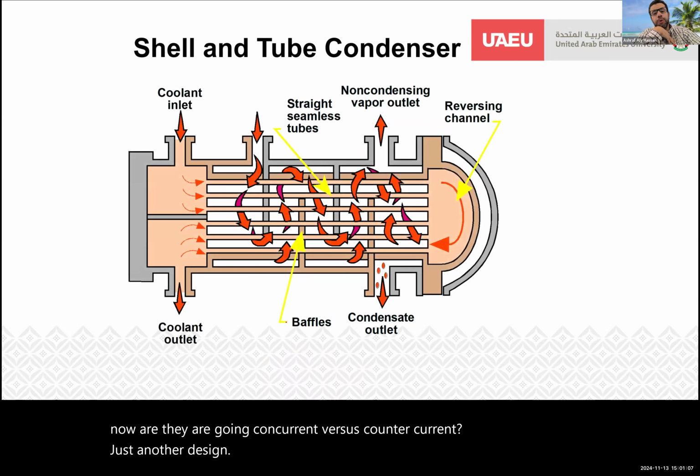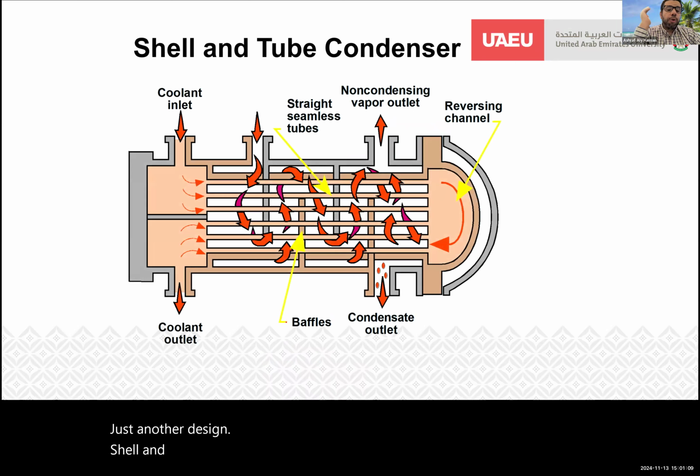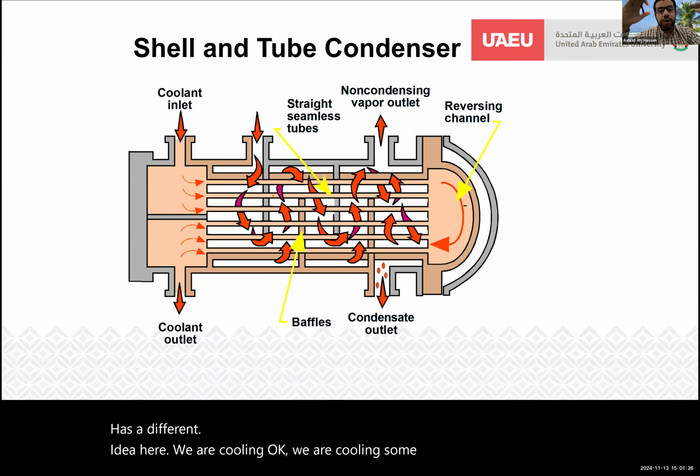Shell and tube condenser. Now the shell and tube condenser has a different idea. Here we are cooling, okay, we are cooling some pipes. So we are reducing the temperature of some pipes.